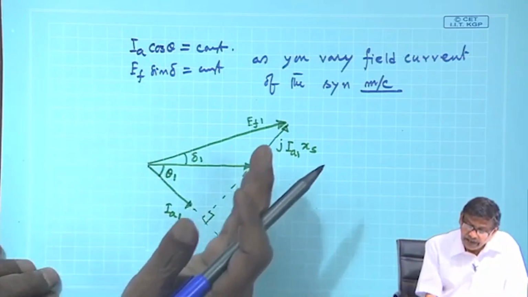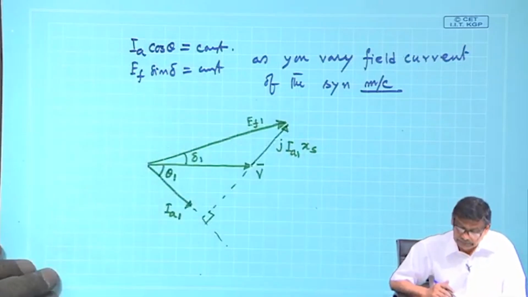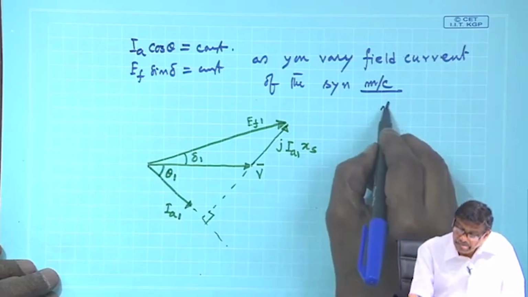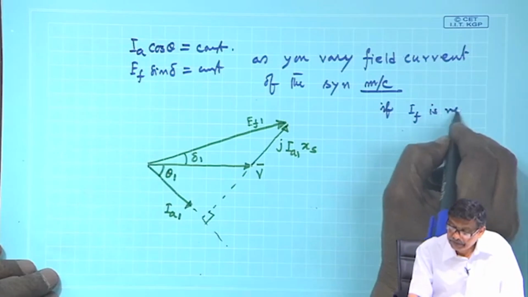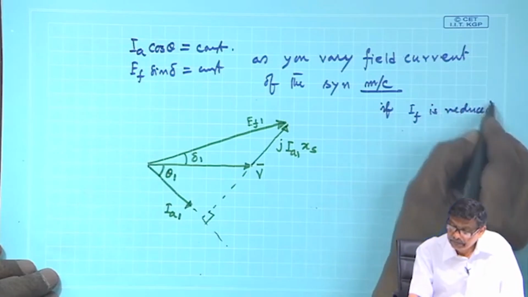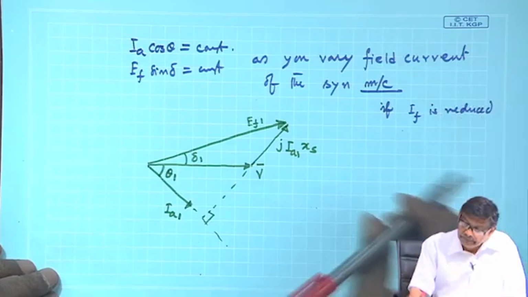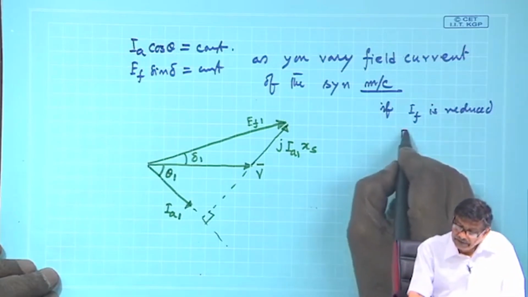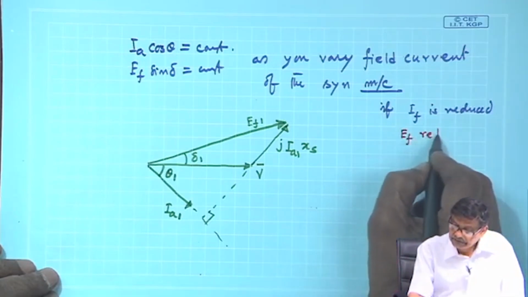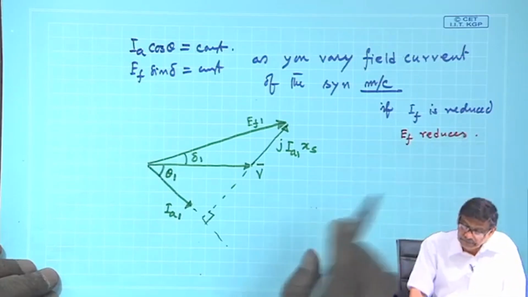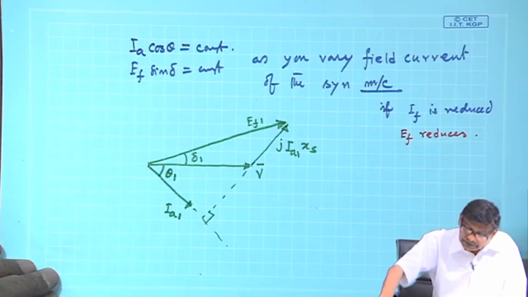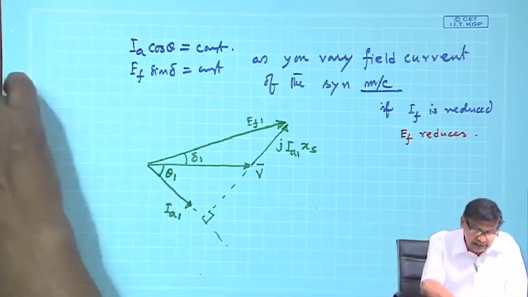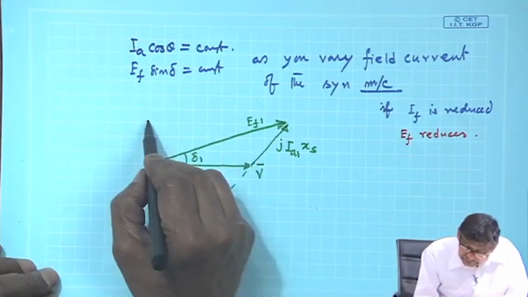Suppose I say I have reduced the excitation, what is going to happen? If I f is reduced, E f reduces, that is, the length of E f will reduce, but I know E f sin delta is constant.